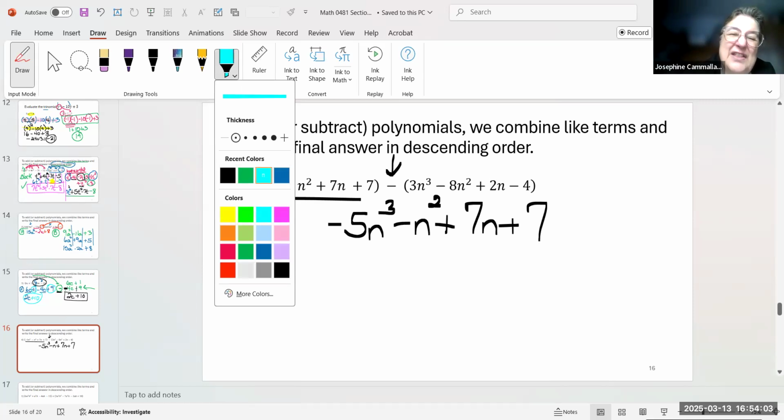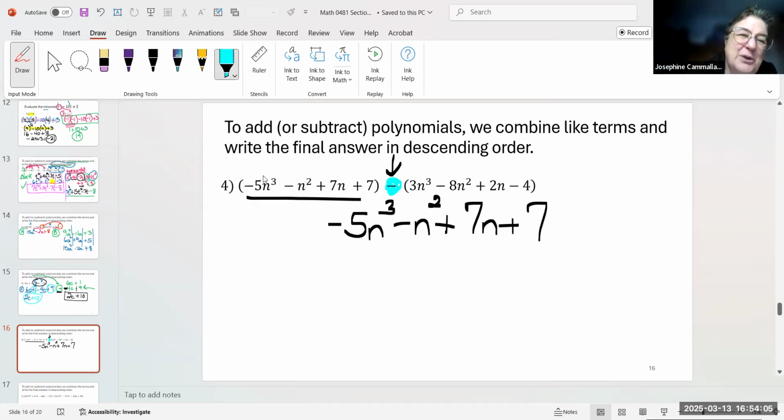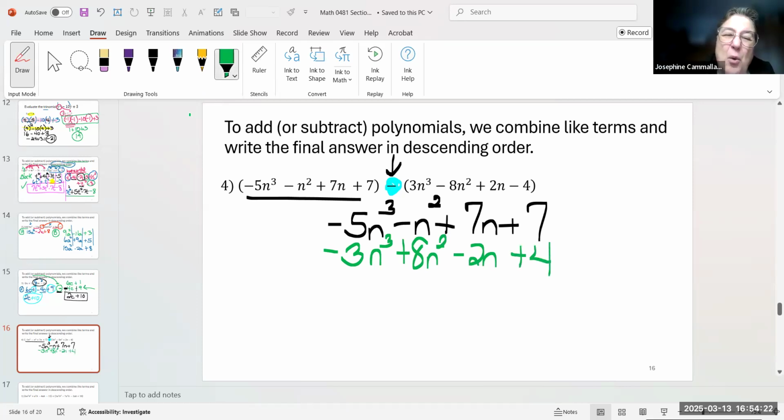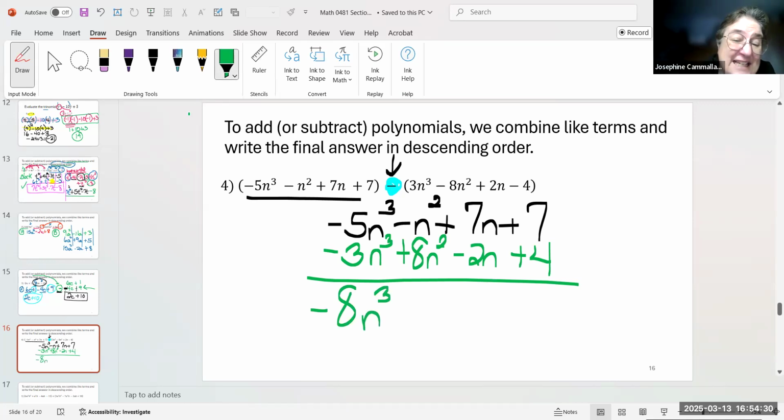Now remember, this sign has to distribute, which means this is a negative 3n cubed plus 8n squared minus 2n plus 4. Watch that negative sign, because now my answer in descending order is negative 8n cubed plus 7n squared plus 5n plus 11.